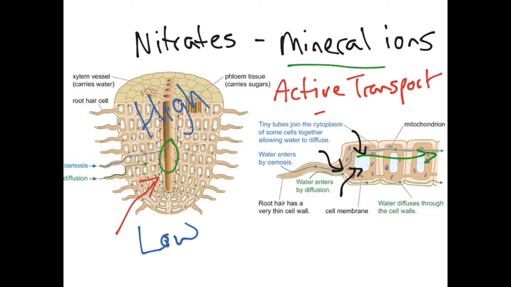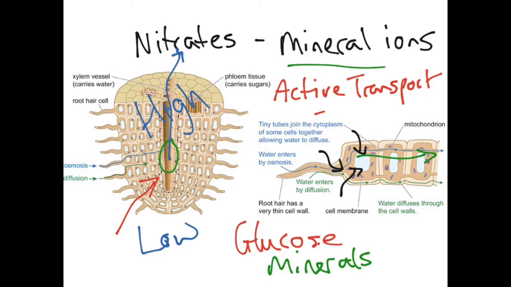They dissolve in the water that's being passed up the xylem, so the mineral ions make their way up the plant to the leaves. The glucose made in photosynthesis and the minerals that the plant gets from the soil can be used to make things like fats and proteins and other things that the plant needs to grow. Right, so that is the end of this video.